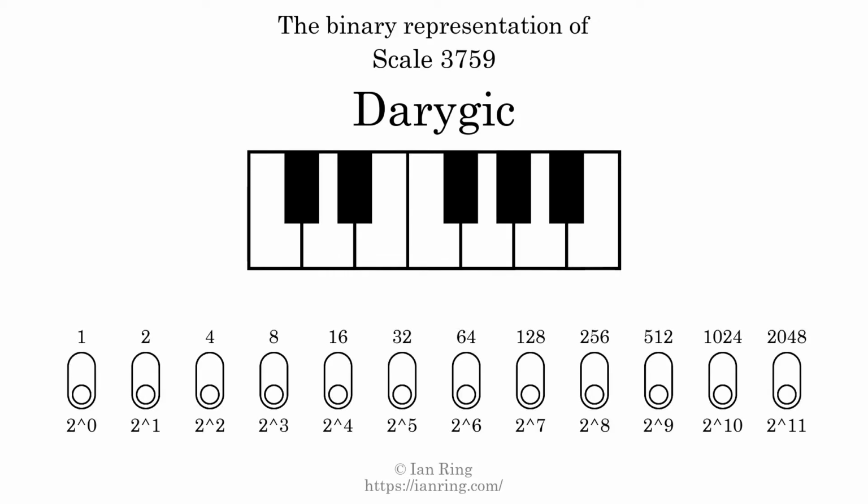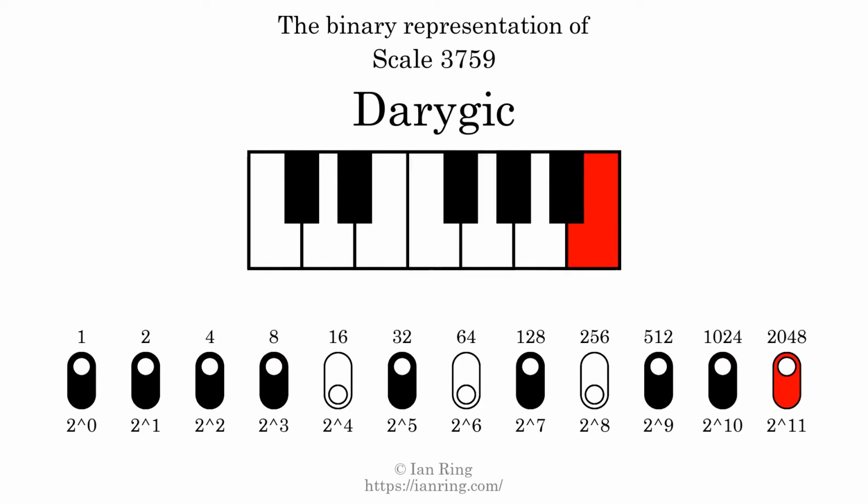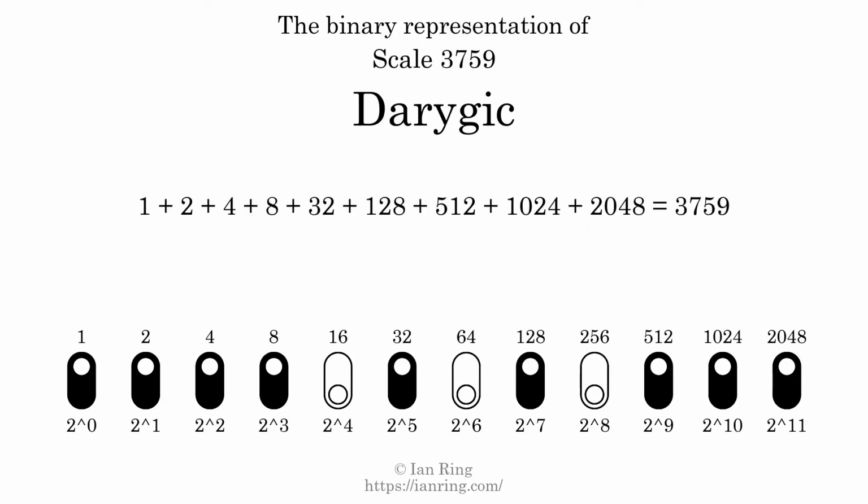The binary representation of this scale is determined by mapping tones of the scale to binary digits. Each binary digit represents a power of 2. To get the scale number, we add the powers of 2 together. The powers of 2 that are present in the scale, all added together, equals 3759.